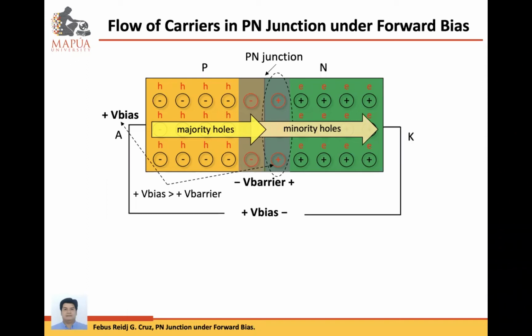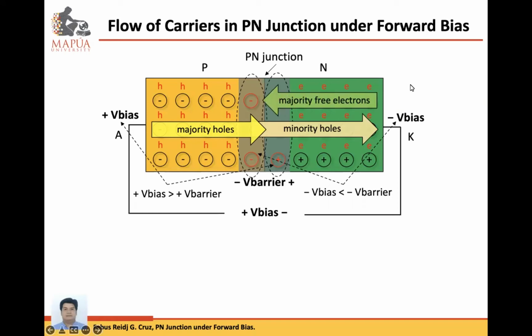All right, thank you. And on the other side, we apply negative bias on the cathode, and the magnitude of this must be larger. So magnitude ang pinag-uusapan natin, no? The voltage of V bias must be larger compared with the barrier voltage. So when that happens, the negative V bias will repel the negative free electrons and effectively push the majority free electrons through the PN junction.